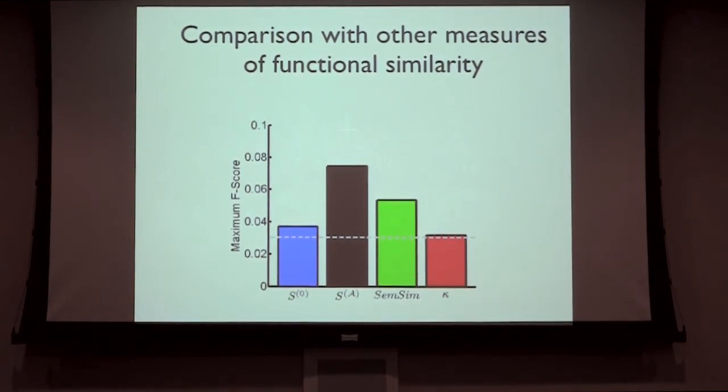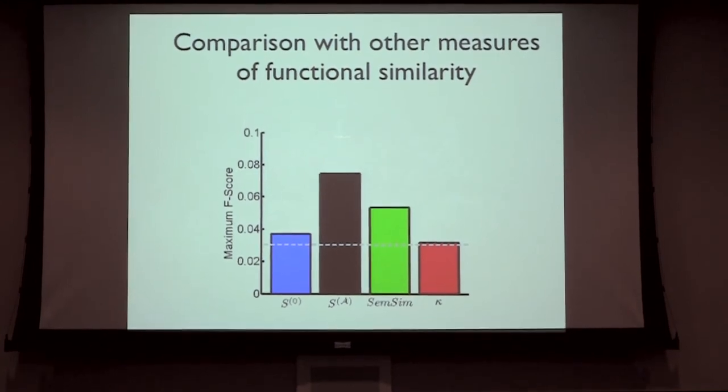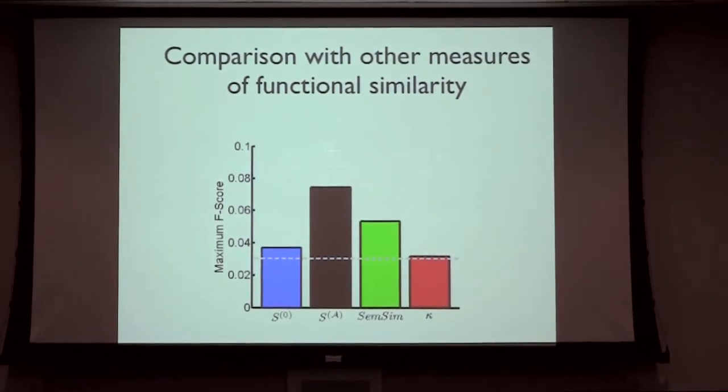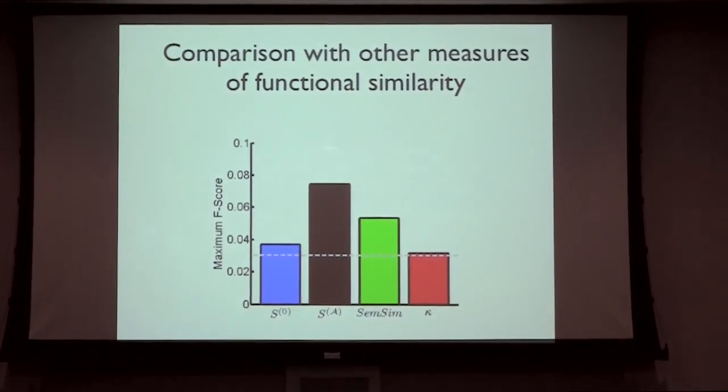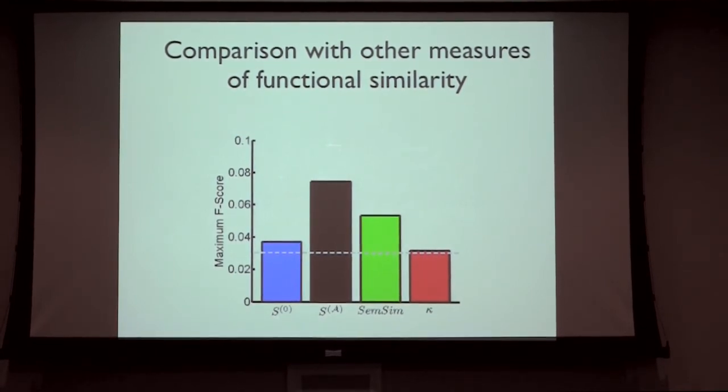But there are other traditional measures of functional similarity, and I want to compare the inference power of those methods, but I should say that they're not designed to infer regulatory interactions. So what we were trying to do in our weighting scheme was try to find, well, what is a good weighting scheme for inferring regulatory interactions? And the other kinds of metrics have different goals.